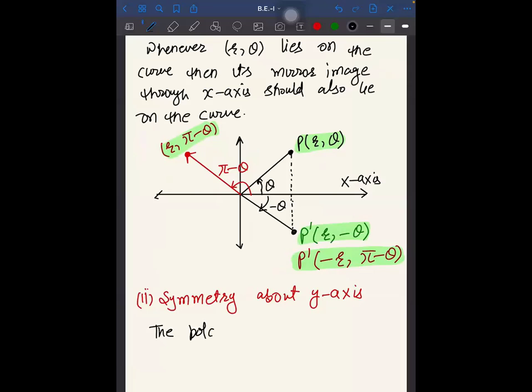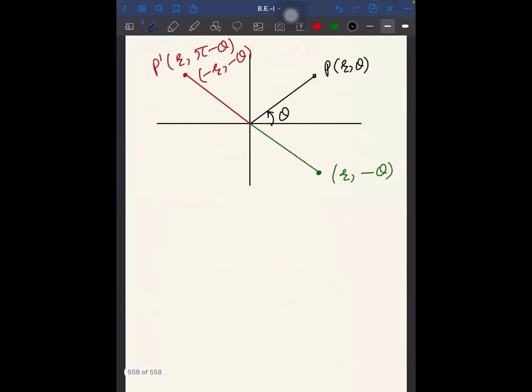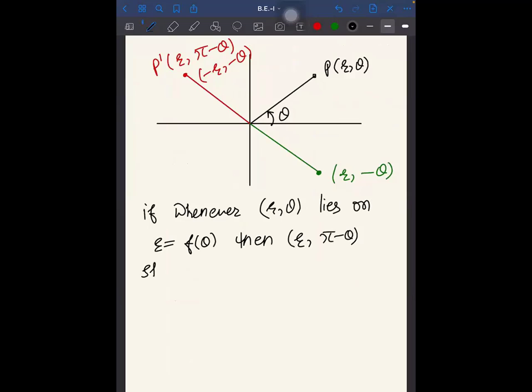So we'll say that the polar curve r is equal to f theta is said to be symmetric about y-axis if whenever r, theta lies on r is equal to f theta, then r, pi minus theta should also lie on the curve, right? ठीक है, सही बात है. ठीक है ना?